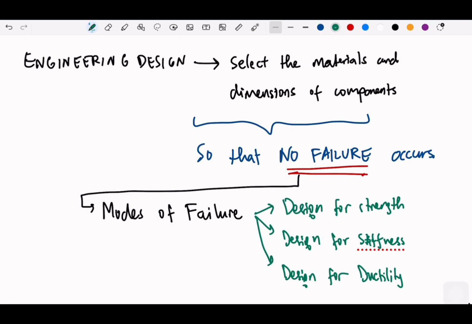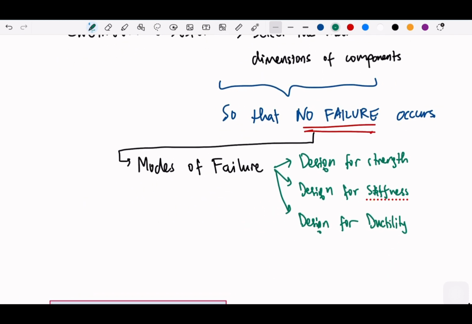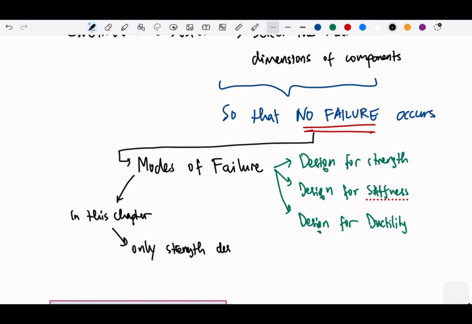But for our restriction in this chapter, let me write here: in this course, or in this chapter, only strength design, and this will be subject to axial loadings or direct shear.